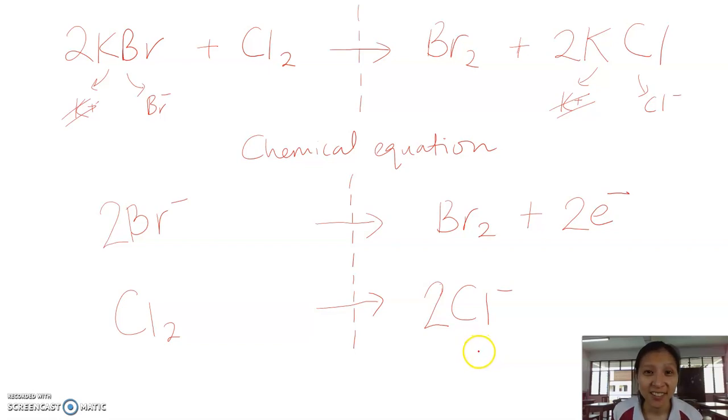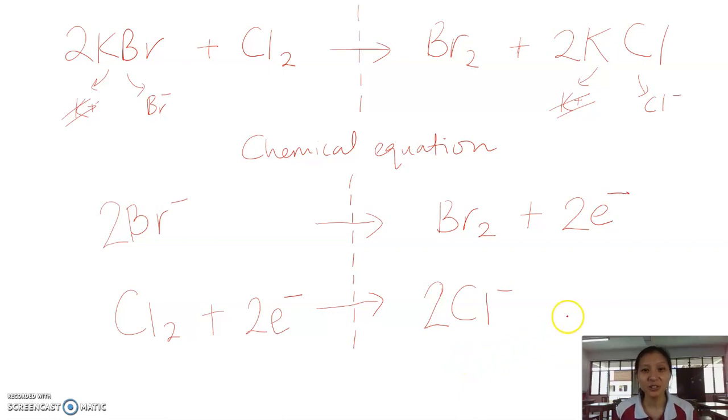If I were to put my electron on the right side, then it will become even more negative on the right side, while the left side remains 0. So the obvious answer is I put my e on the left side of the arrow, and I put 2 e's there, so that my left side is negative 2, and my right side is also negative 2 charge. So the charge is balanced now.